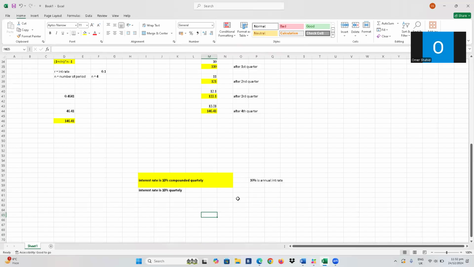And in the second case, they are telling us that the interest rate is 10% quarterly. They are simply telling us that it is a quarterly rate. They are not talking about compounding quarterly. So here the 10% will be the quarterly rate.